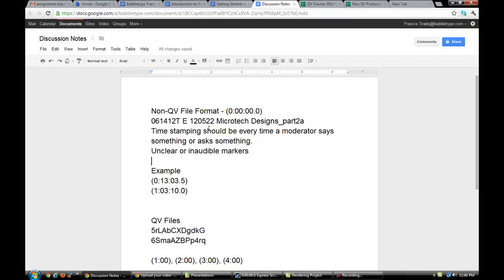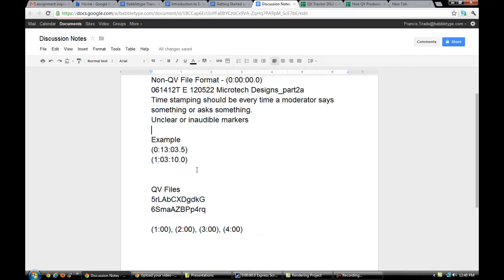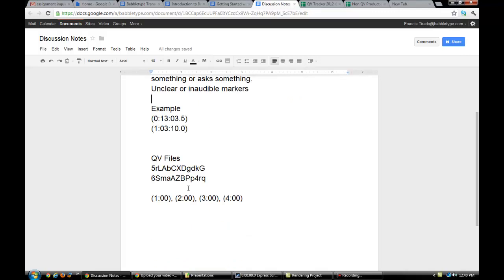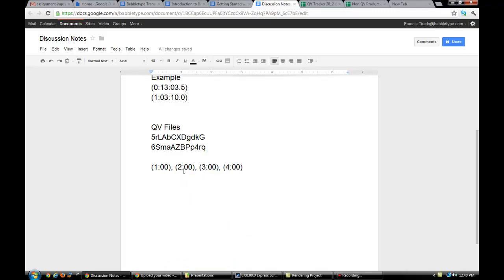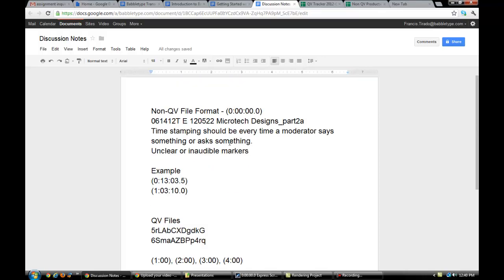So timestamps are required there. But for QV files, timestamps are only required every minute: 1 minute, 2 minute, 3 minute, 4 minute, and so on, using this format. Please take note of that.